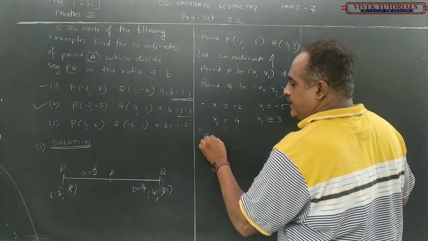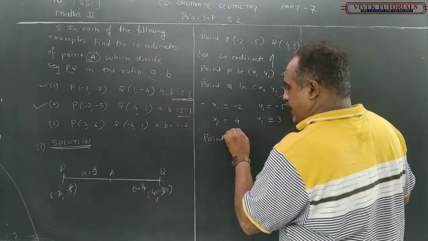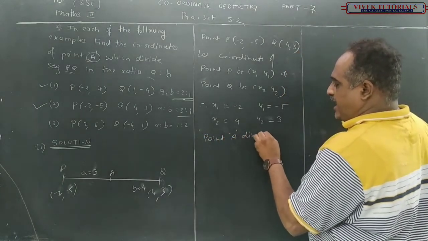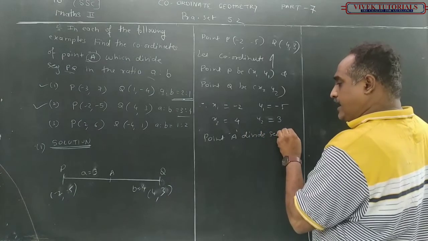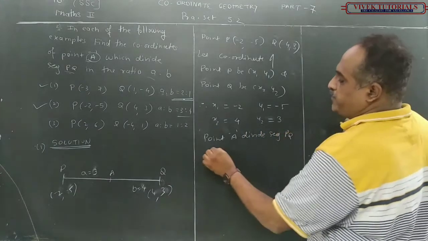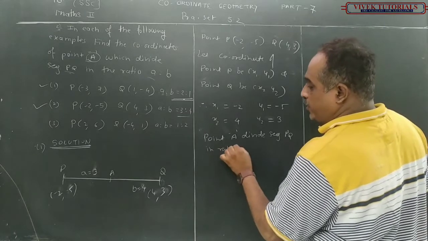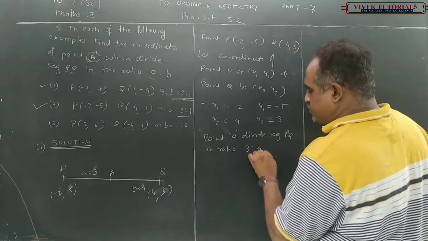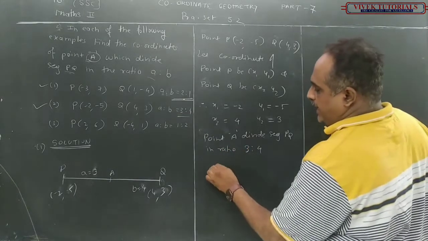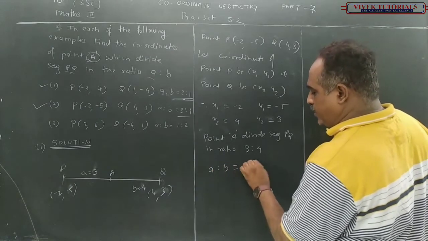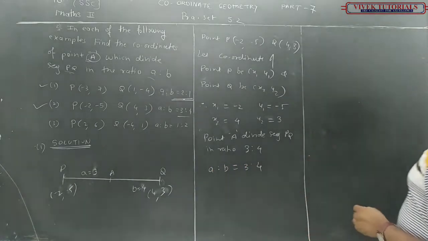And point A divides segment PQ in ratio 3 is to 4. So A is to B is equal to 3 is to 4.